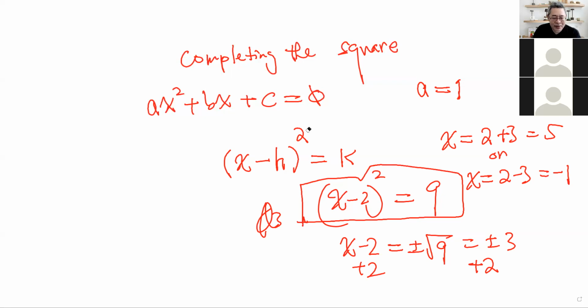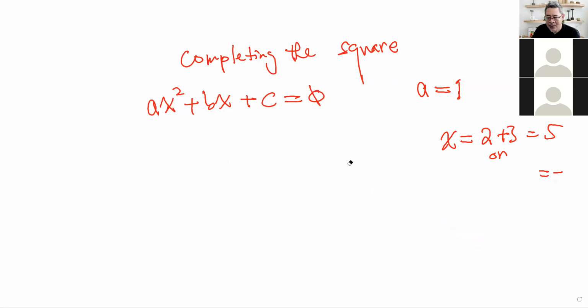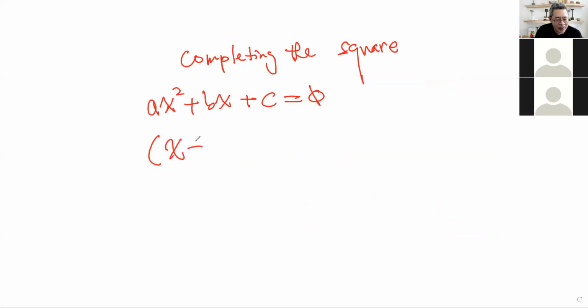How to do that? This process is called completing the square. It has to do with patterns, so let's see some. x plus 2 squared, if we expand it, this is x plus 2 times x plus 2.